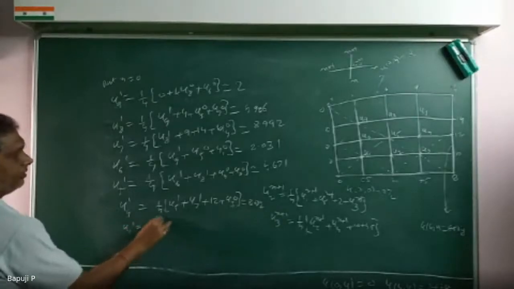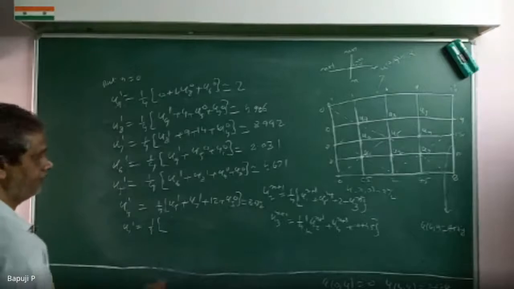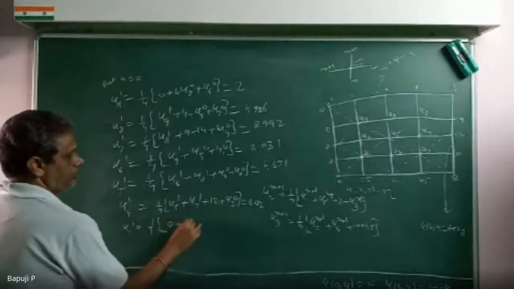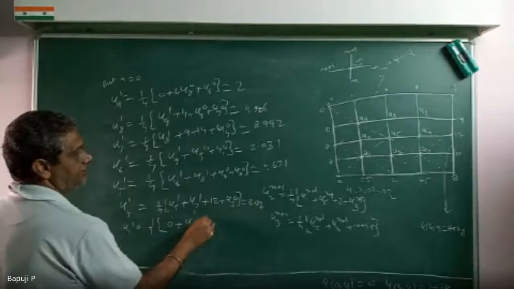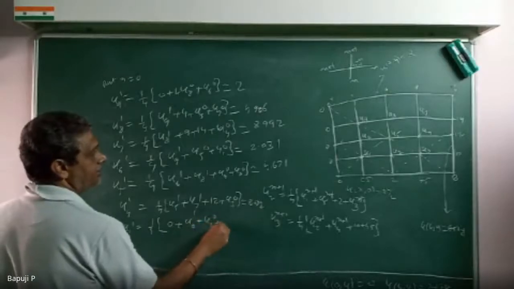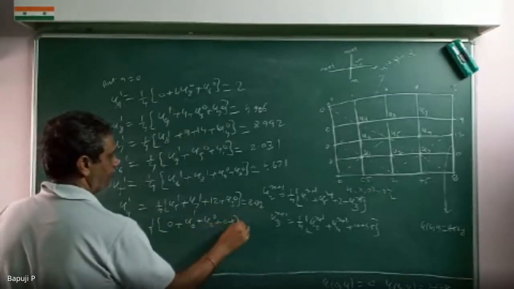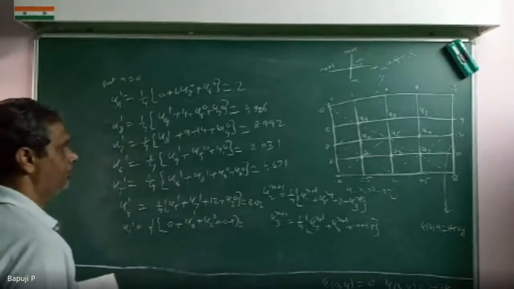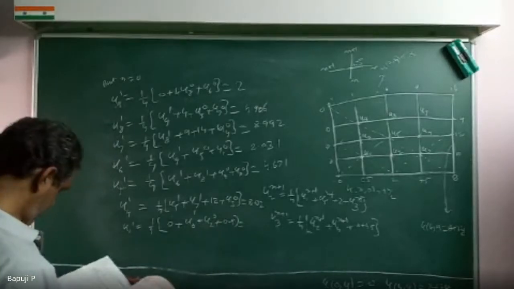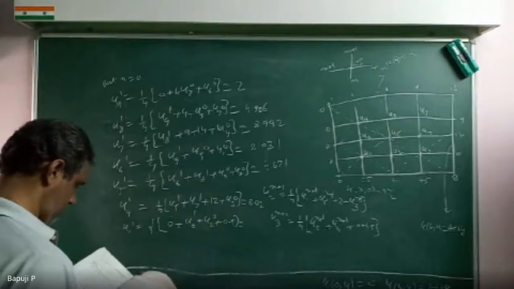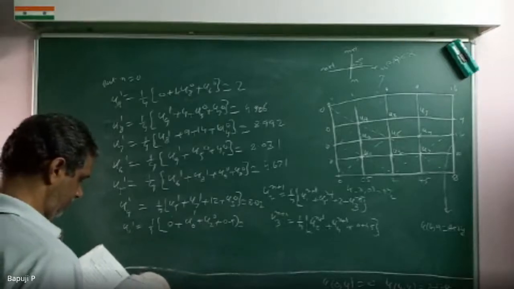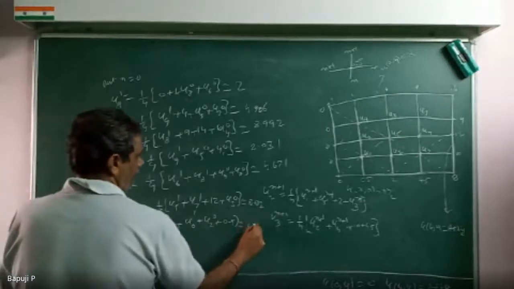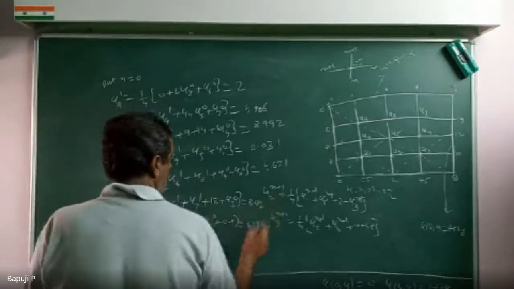U11, whatever I get, 1 by 4, 0 plus U61 plus U20 plus 0.5. U11 is what? 1.554.